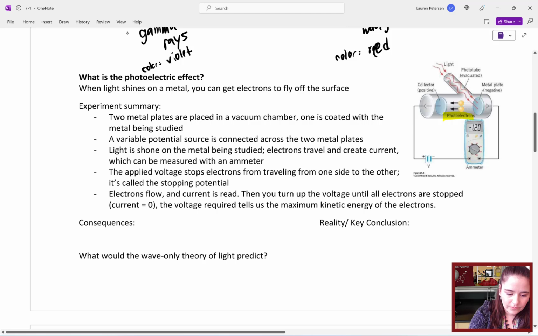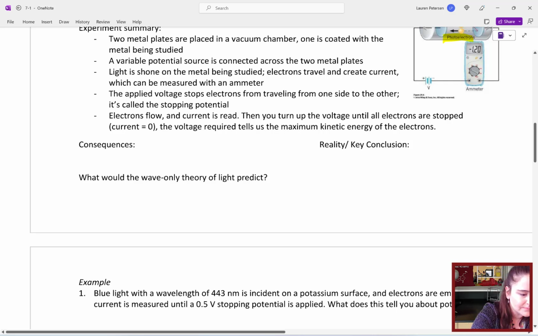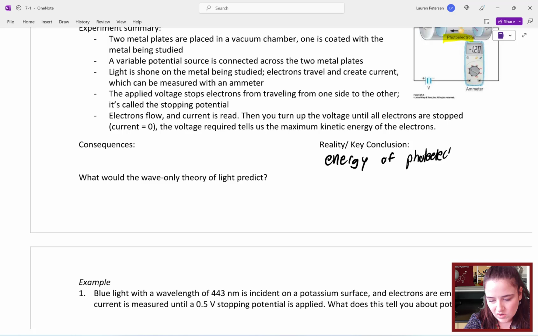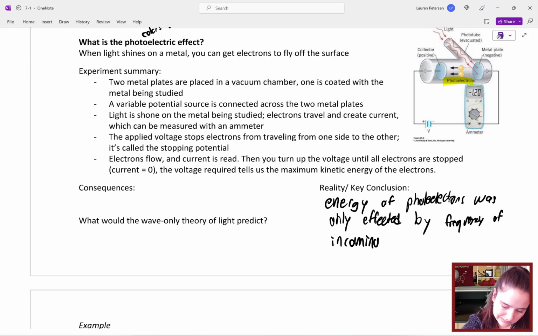Since the energy of the photoelectrons was only affected by the frequency of the incoming light, not its intensity or amplitude.